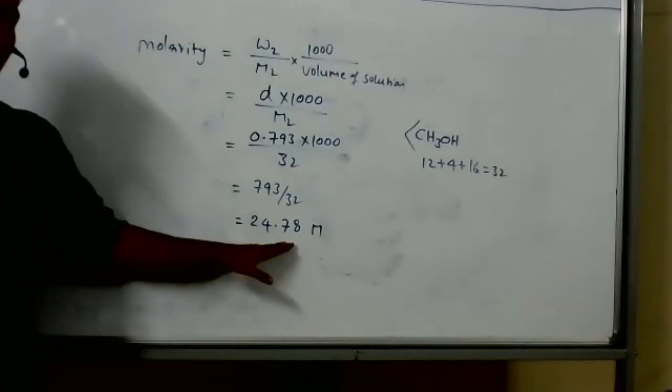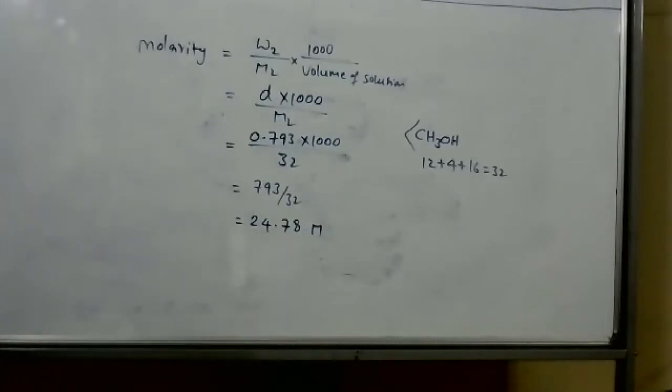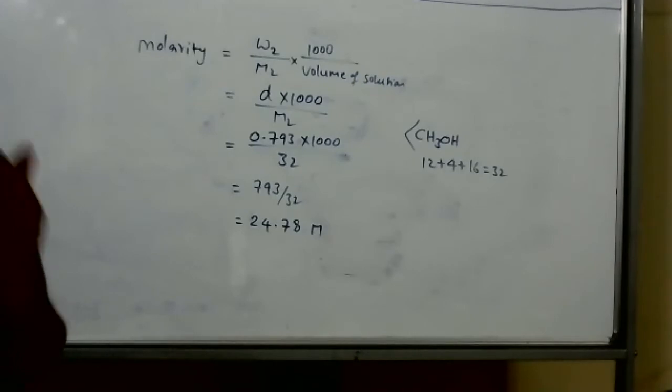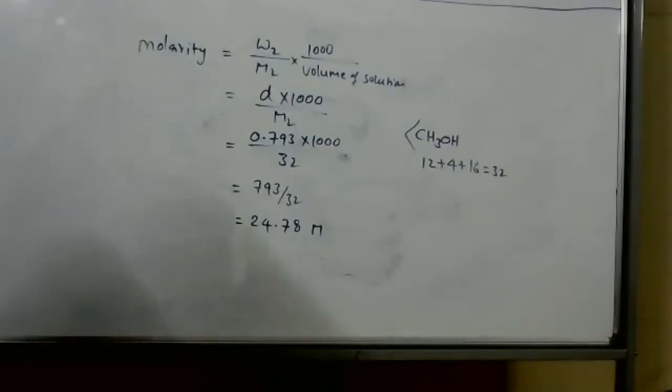It is in 1000 ml. So we need to convert that into the required concentration, which is 2.5 liter and 0.25 M. Then you can apply M1V1 equal to M2V2.